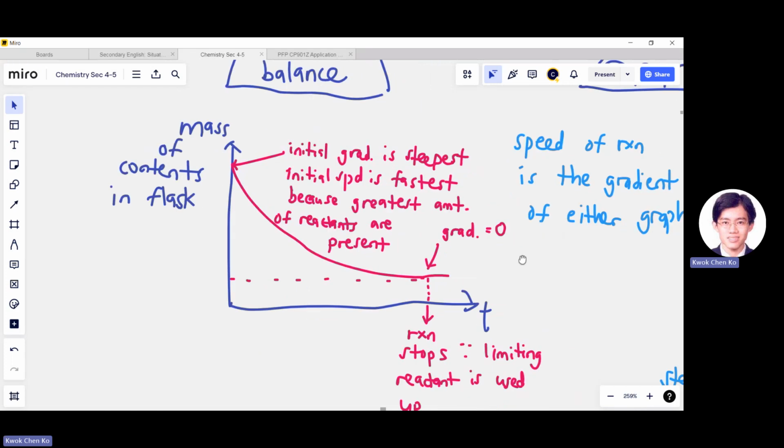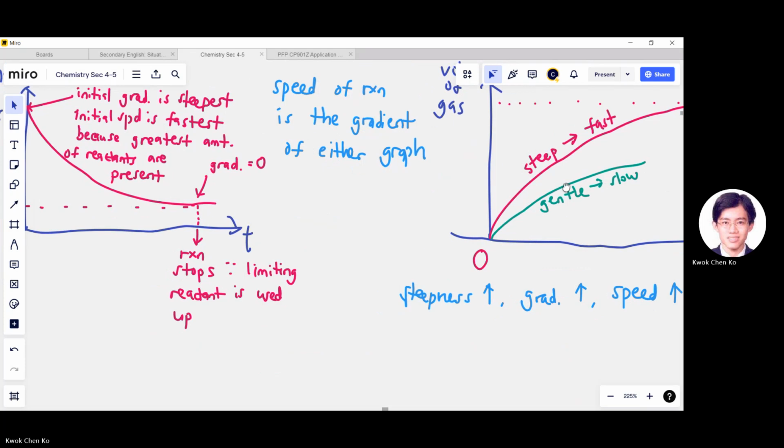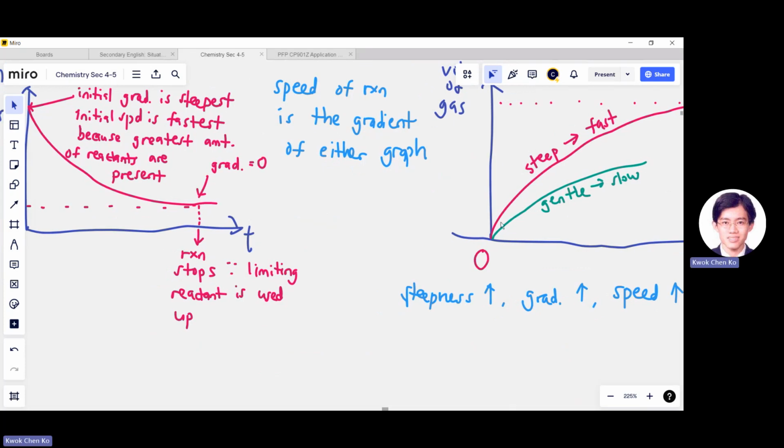The same principle applies to the other graph. It's the same. Initial speed is the fastest.